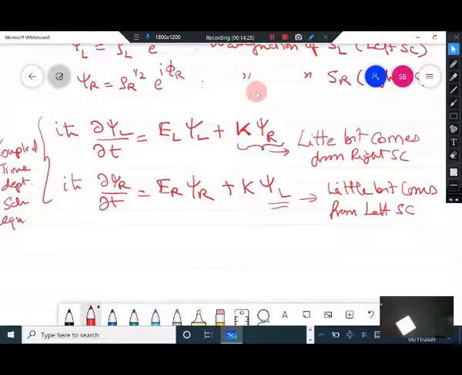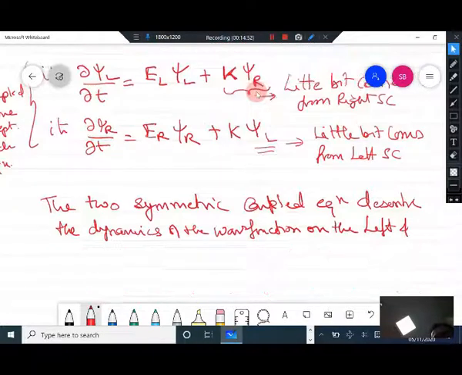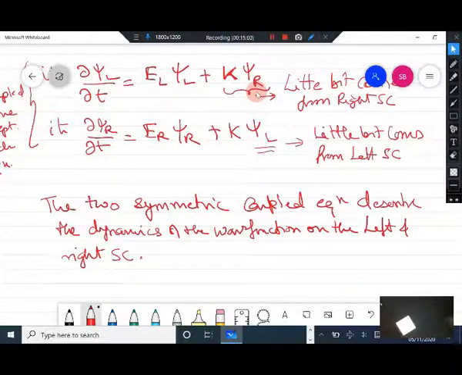So these two symmetric coupled equations describe the dynamics of the wave functions of the left and right superconductor.